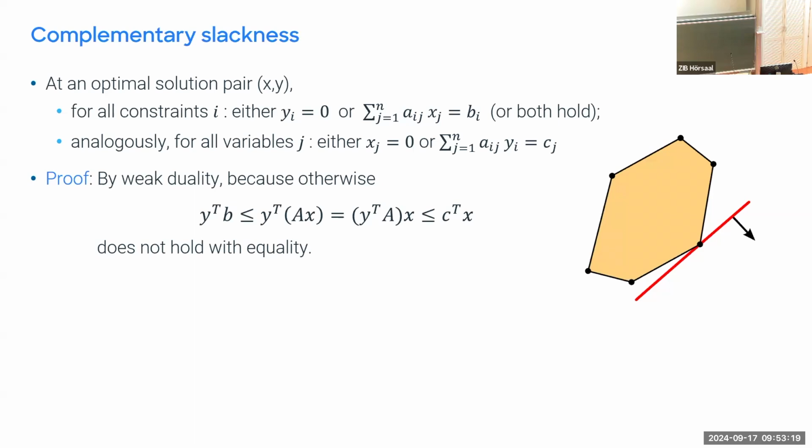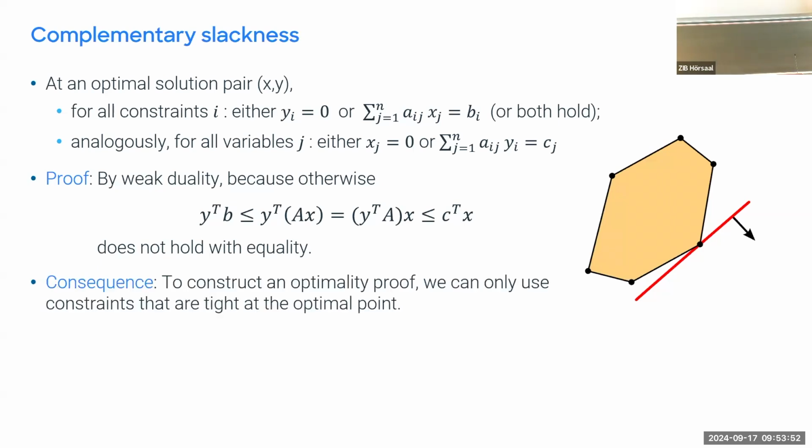Now, at an optimal solution pair, this should be an equality, right? y transpose b should be c transpose x. But you can think about it if this is violated up here. So if y_i is positive and the slack here is also positive, then you will actually get a strict inequality here. And so weak duality would be violated. So complementary slackness is a direct consequence of weak duality.